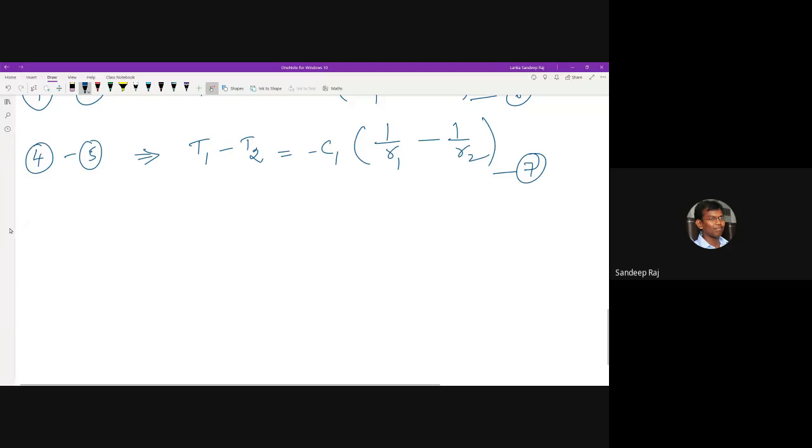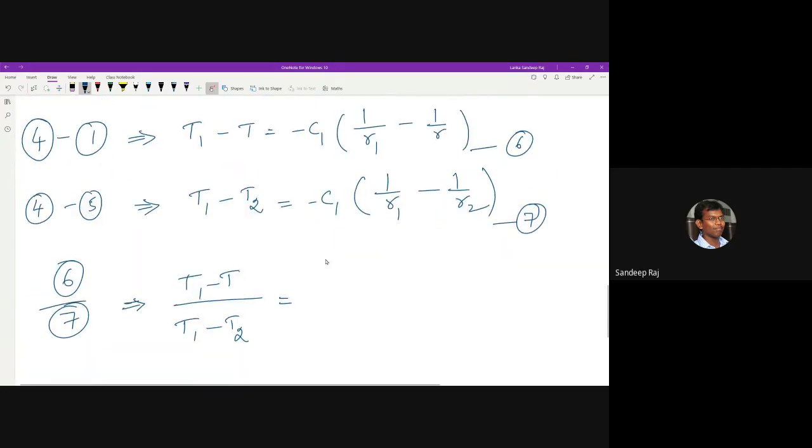Now, I will divide the equation 6 with equation 7. When I do that, what I get is T1 minus T by T1 minus T2. If I do that here, the effect of C1 minus C1 will get cancelled.